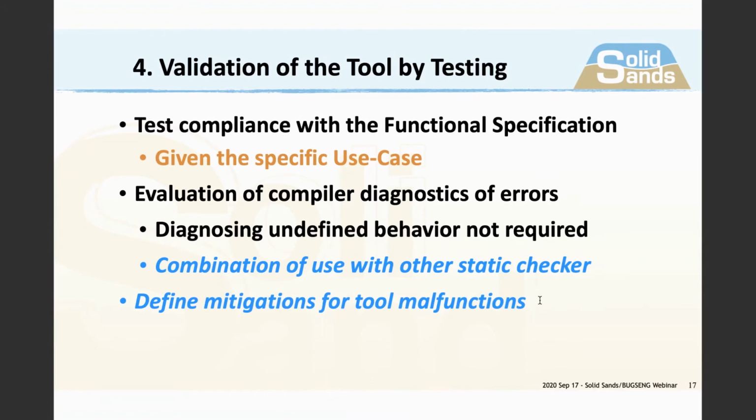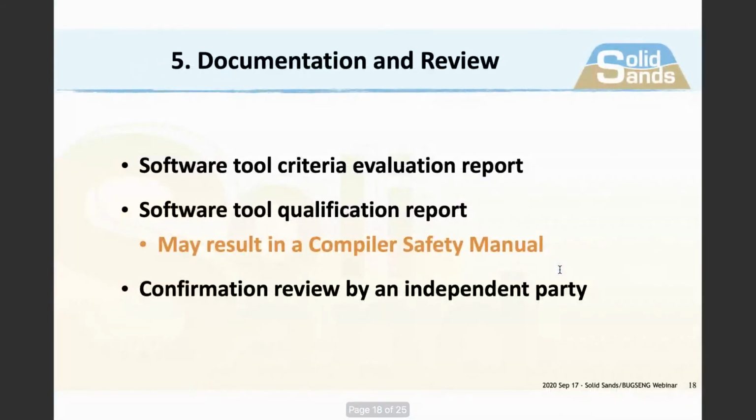One of those mitigations can again be employing a static analysis tool, because those tools are often more critical about the code than the compiler itself is. So the final step is writing all this down and then maybe having a confirmation review by an independent third party.